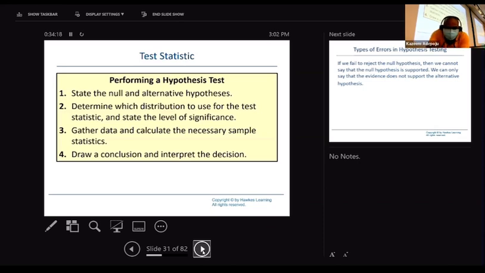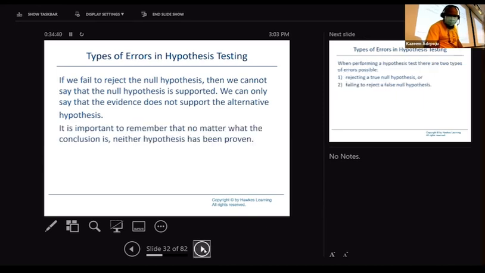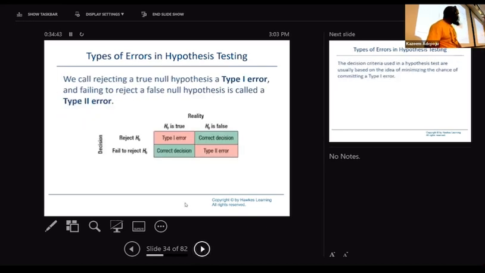Of course, in performing hypothesis testing, this is a procedure we follow. But I also wanted you to know that we actually have two types of errors in hypothesis testing. Number one is what we call the type 1 error, and the second one is what we call the type 2 error. What do we mean by type 1 error?